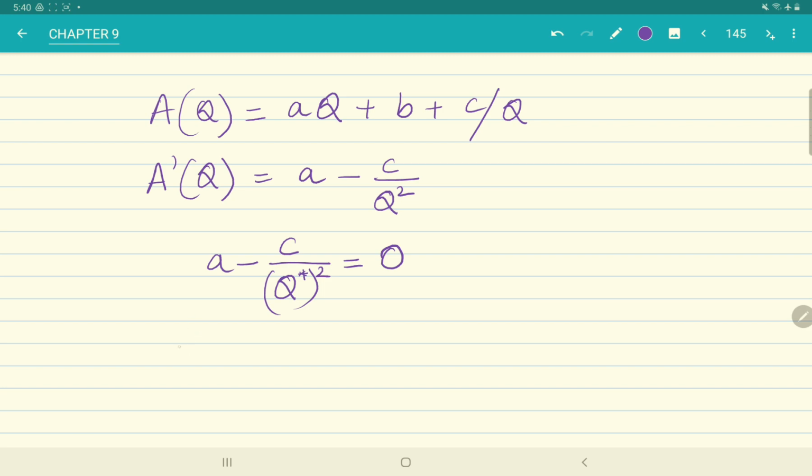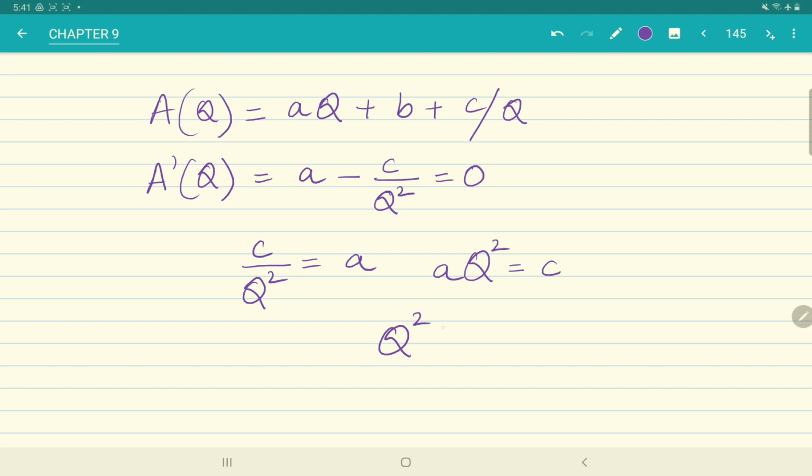So c by q squared equals little a, which means a q squared is equal to c, so q squared is equal to c by a, and q, that is my q star, will be equal to under root c by a.